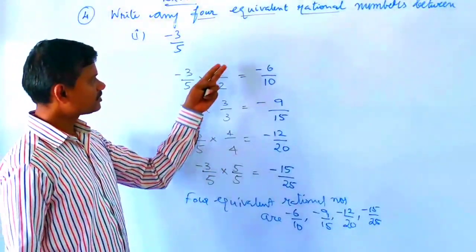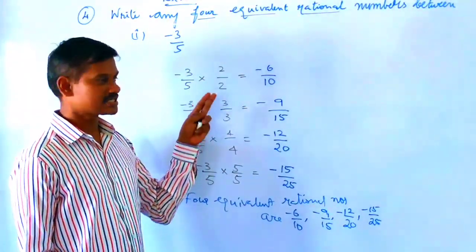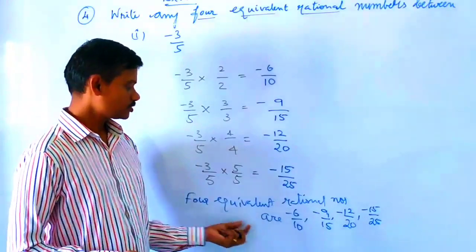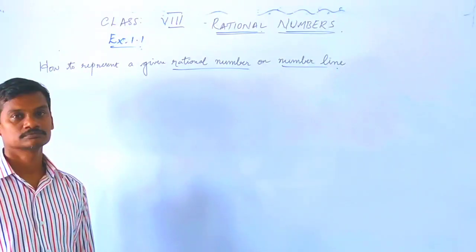Like that you can multiply with any other number as you like. You can multiply with 6 or 7 as you like. So I think you will understand the sum.